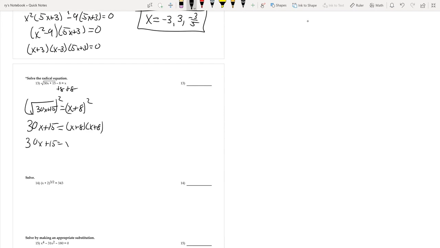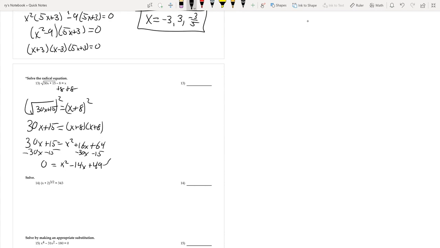Over here, I get x squared plus 8x plus 8x, which is plus 16x plus 64. Then moving all this over, I'm going to subtract 30x and subtract 15. I end up getting 0 is equal to x squared minus 14x plus 49.